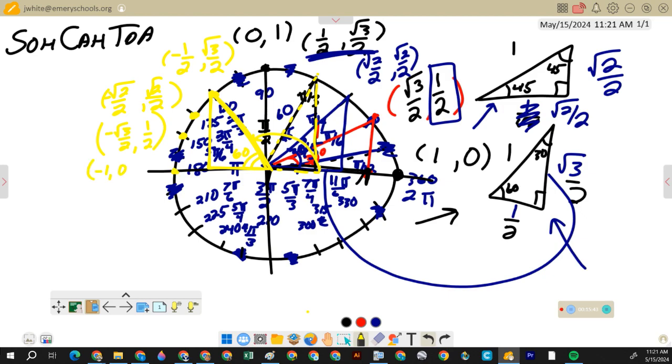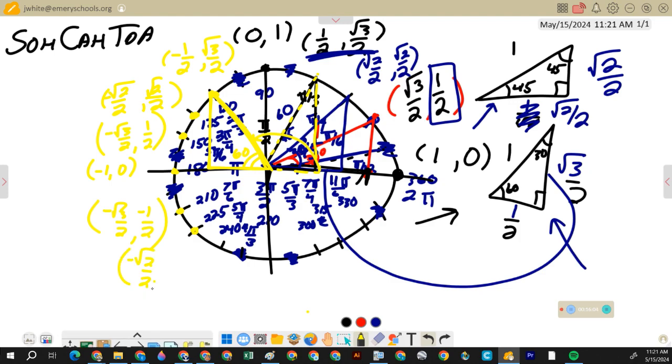Negative 1, 0. You guys are getting the hang of this. This one? Negative root 3 over 2 is the x. And the y? Negative 1/2, because I'm below the x-axis. Okay, the next one? Negative root 2 over 2 and negative root 2 over 2.